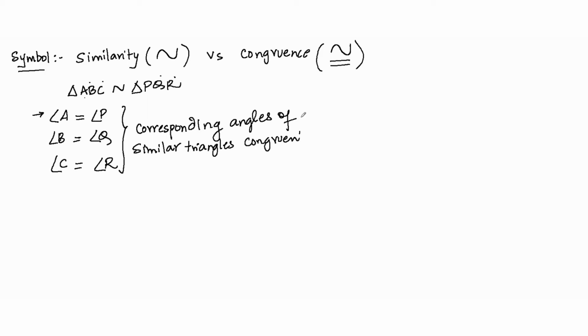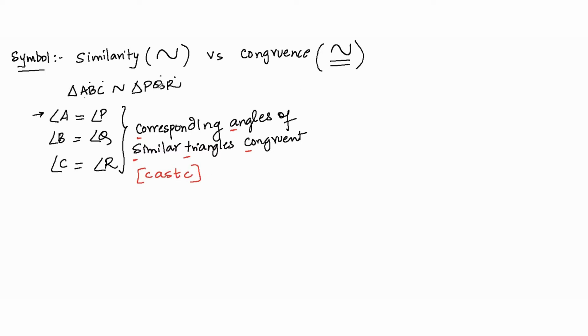The short form of this would be CASTC, which means corresponding angles of similar triangles are congruent.